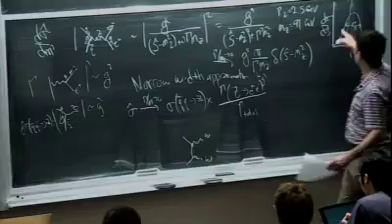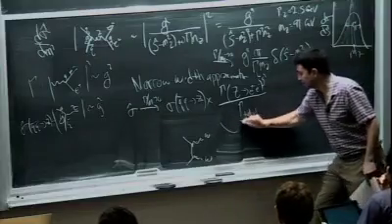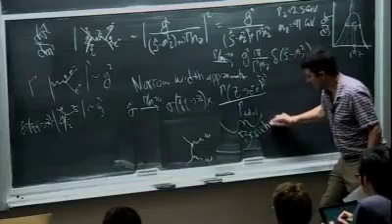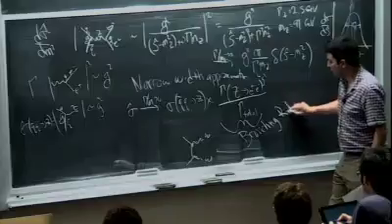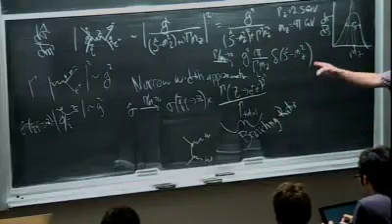Gamma total is gamma Z, the width of the curve. So this is also known as a branching ratio. And the reason it's factorized in this way is because of the delta function.